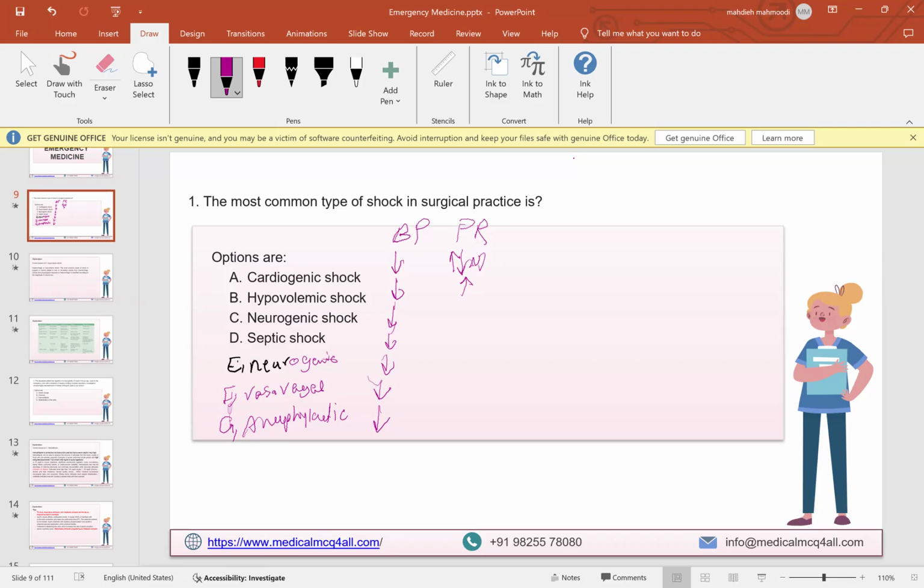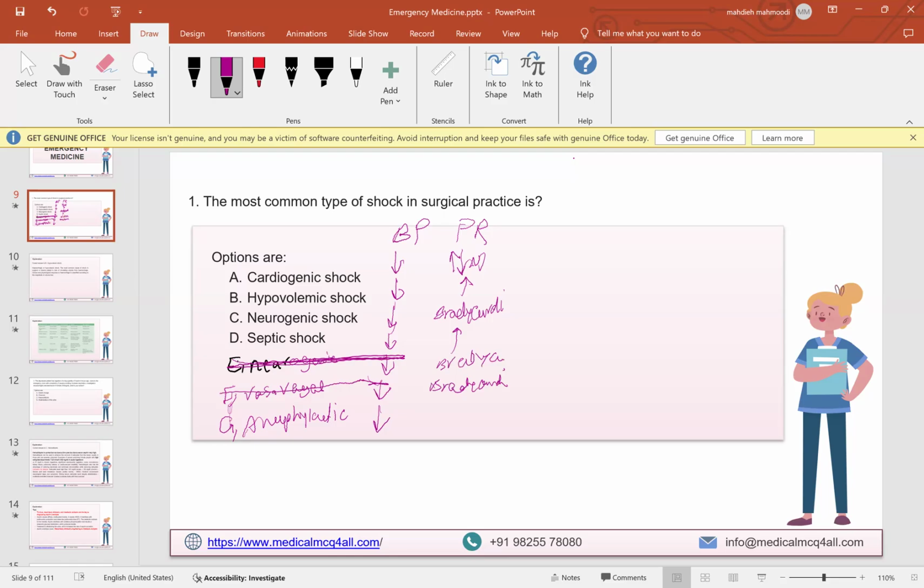Bradycardia is common in neurogenic. Low. Yes. In septic shock, increased, tachycardia, mostly high. Neurogenic shock, bradycardia. Vasovagal shock, bradycardia. It's kind of a neurogenic shock.